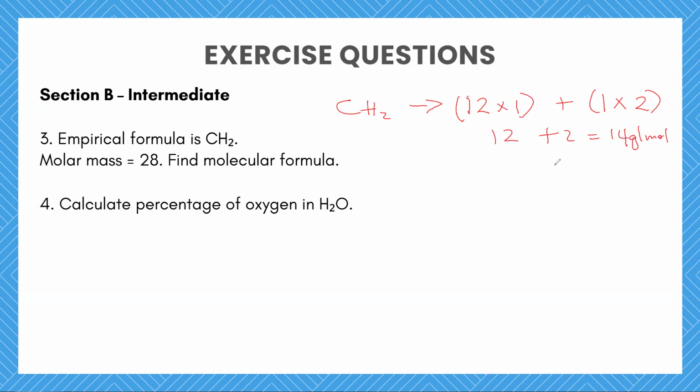This is the mass of the empirical formula. Step number 3 says divide the molar mass by the empirical formula mass. The molar mass is 28, so we have 28 divided by 14, which gives us 2. And then the final step would be to multiply the empirical formula by the result, which is 2 that we just obtained. And the empirical formula is CH2.